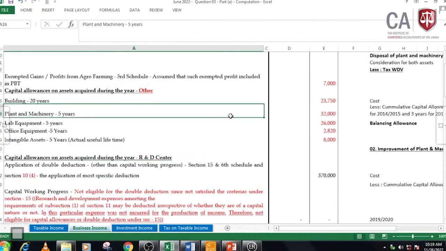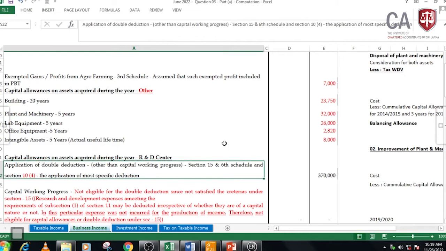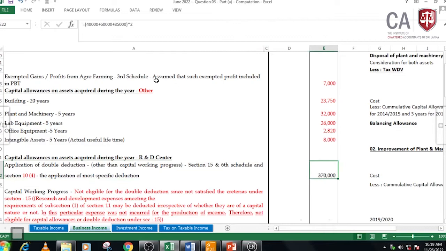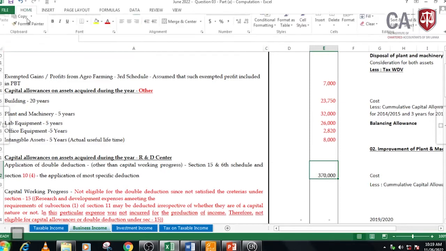Then therefore the application of the most specific deduction, and I have mentioned in the preceding, it has very clearly provided the capital from this R&D center, it's a profit generating to the company. Then the 40,000, 60 and 85,000. Now this is not charged to the income statement. These are cost, then thereby this double deduction is eligible for this one.